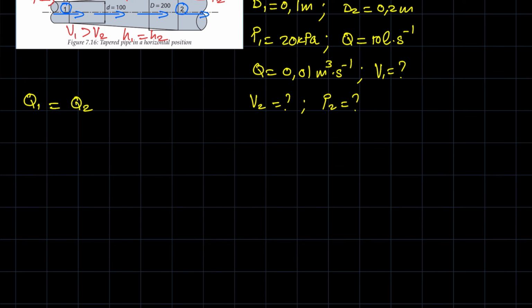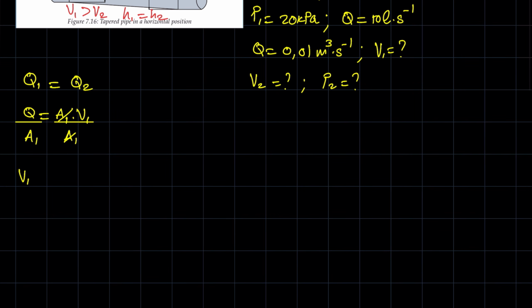So we know Q is equal to A times V, so the area of the pipe times the velocity of the pipe. So looking at section 1, A1 times V1 is equal to Q. So in calculating V, you have to divide both sides by the area, and then this cancels.